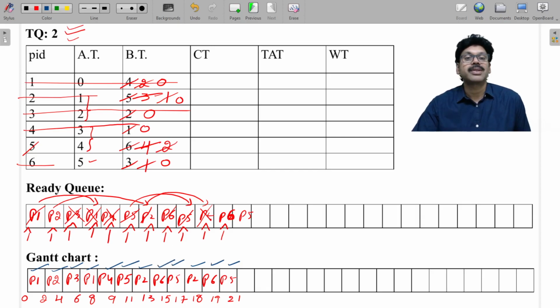So their completion times: P5 completion time is 21, P6 completion time is 19, and P2 completion time is 18, and P1 completion time is 8, P3 completion time is 6, and P4 completion time is 9.